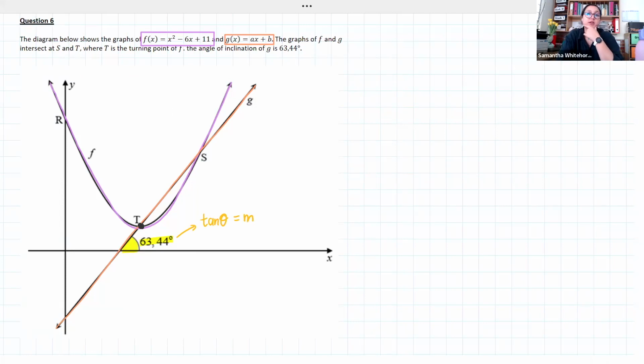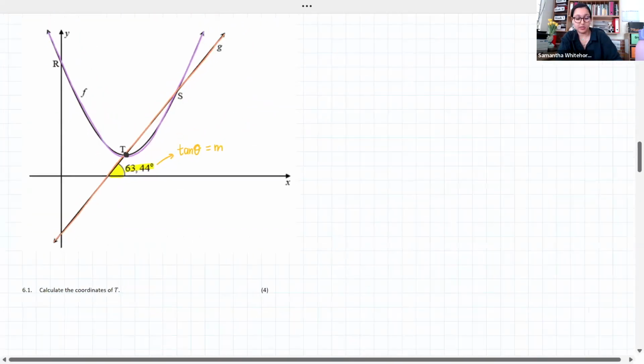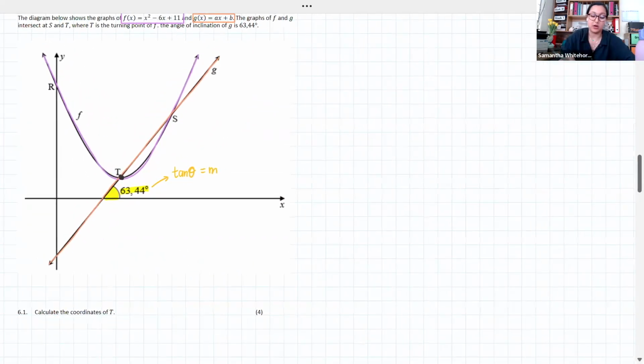If we want to work out the gradient of a straight line, we measure the angle from the x-axis to the straight line, and if we use the tan ratio, we get the gradient of our straight line graph. We don't give you useless information, so all of this is going to have to be used at some point. But the first question asks us to calculate the coordinates of T.